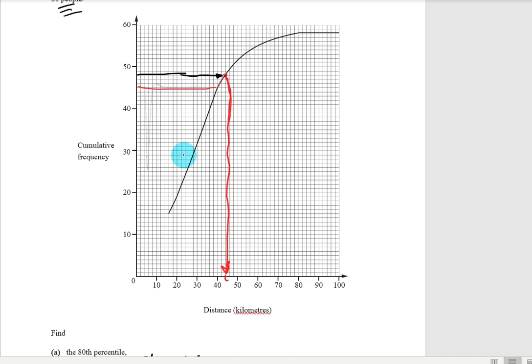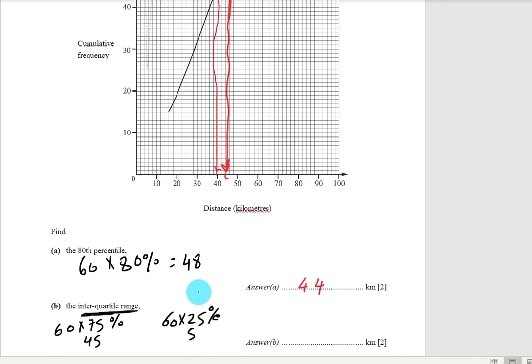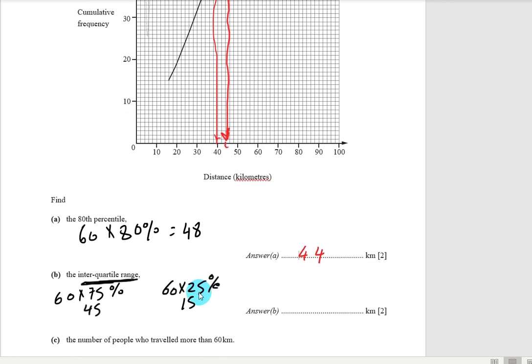And then let us go down from here. Yes, it's 40. So we are here exactly at 40. So the number here is 40, minus, because we need the range, and then we go to 15.